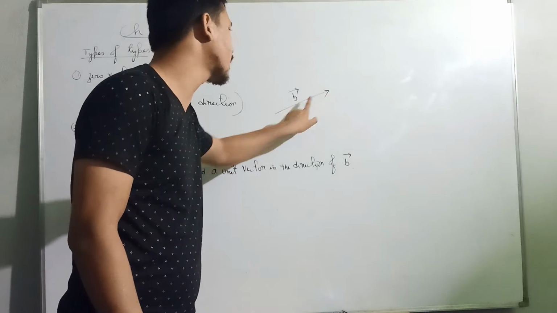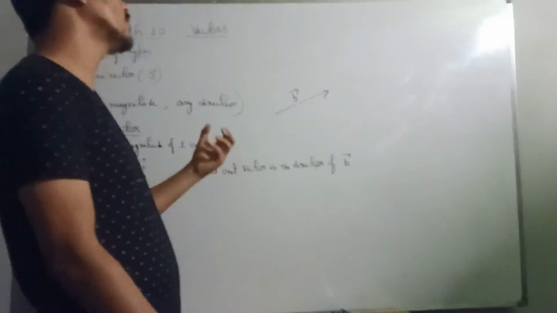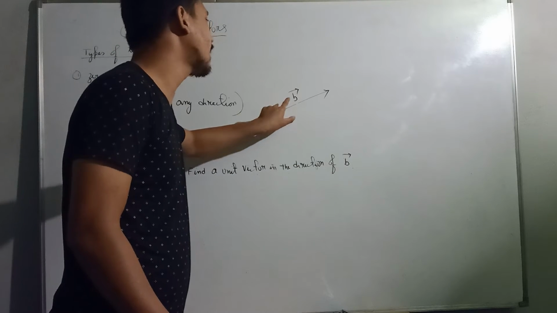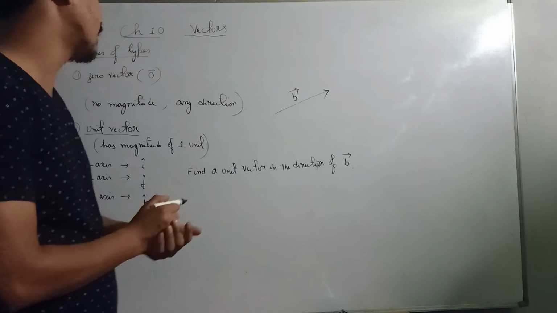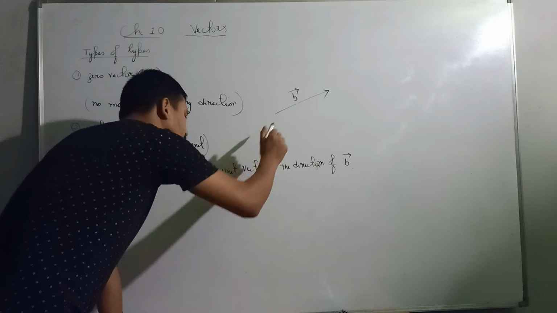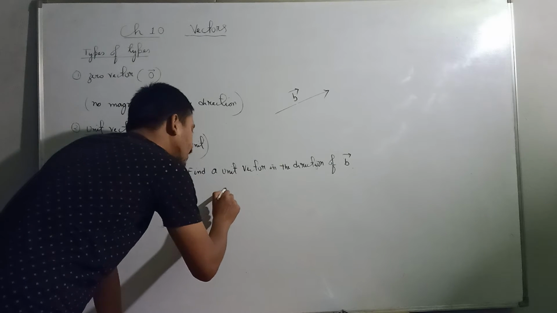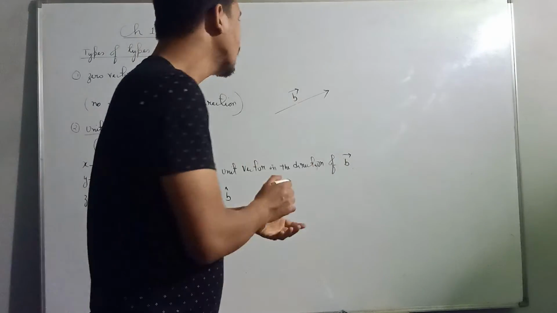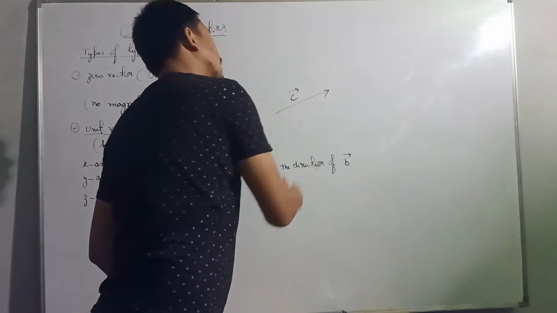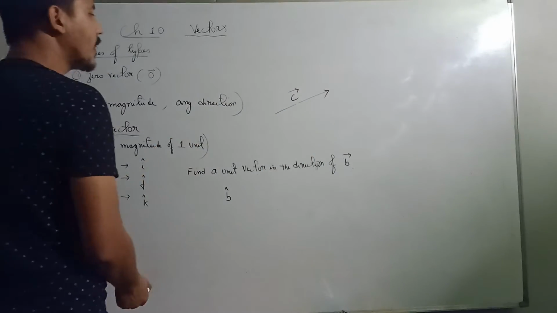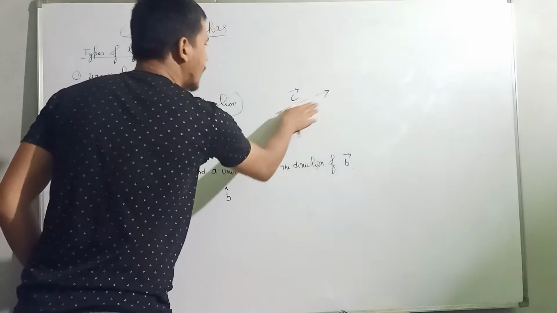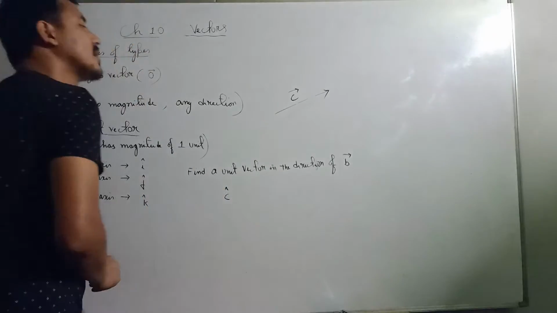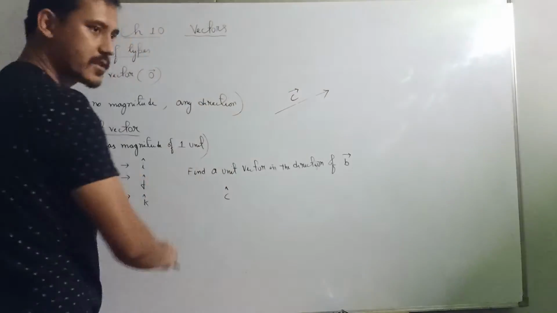This is the direction of your vector B, so you want to find the unit vector in the direction of this vector. Let B cap be the unit vector in the direction of vector B. If it was a vector C and you want a unit vector in this direction, then I will write C cap as the unit vector representing this direction.